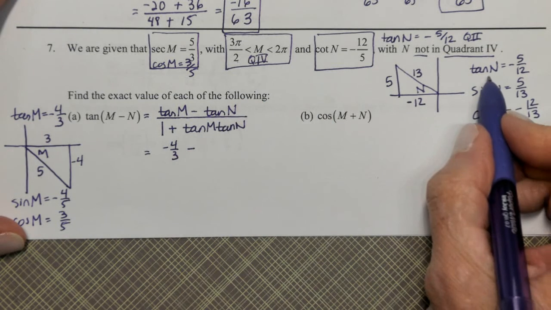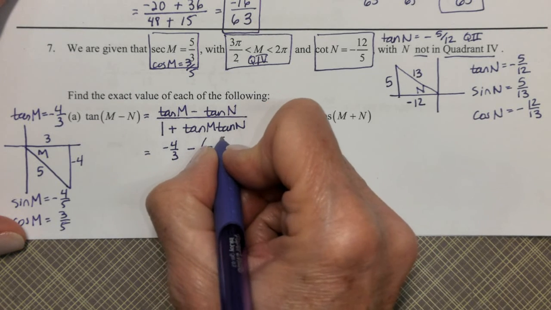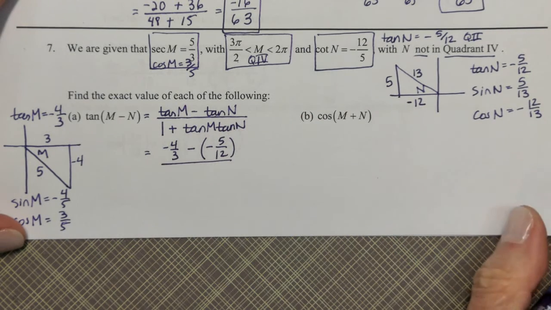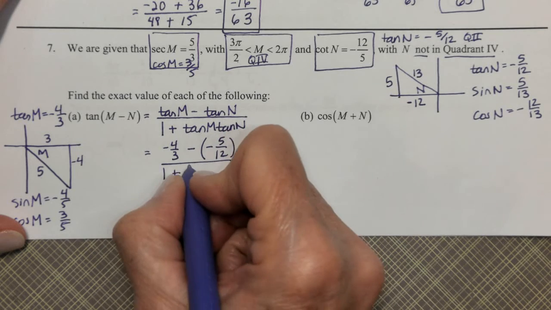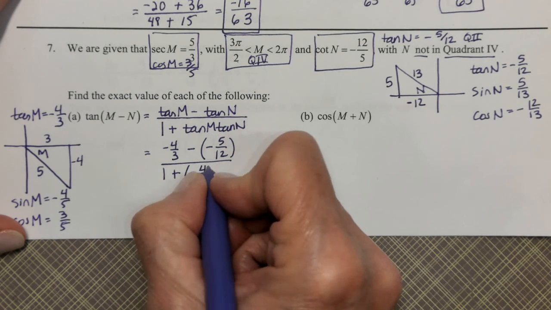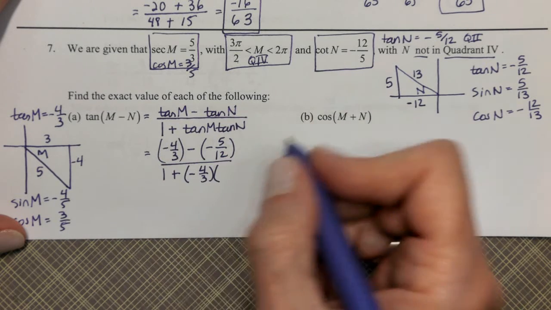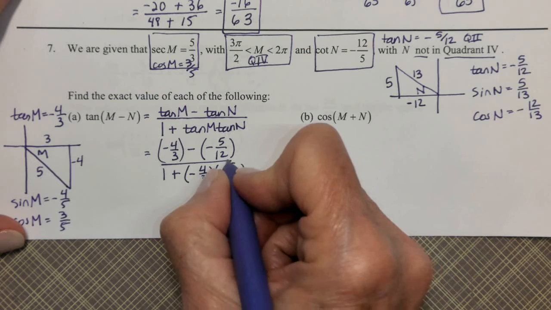Tangent of n is negative 5/12. All over 1 plus the product, negative 4/3 times negative 5 over 12.